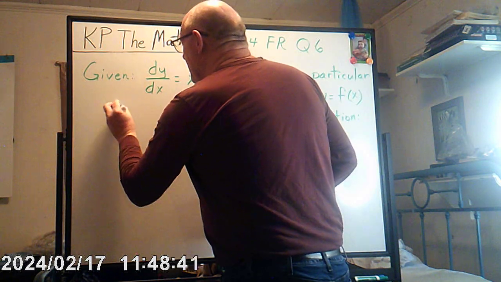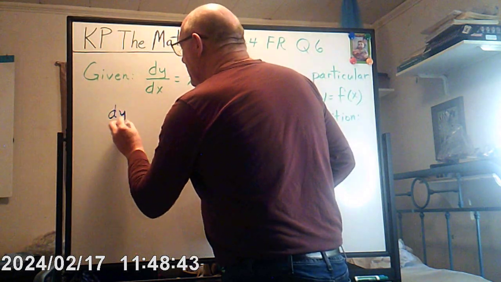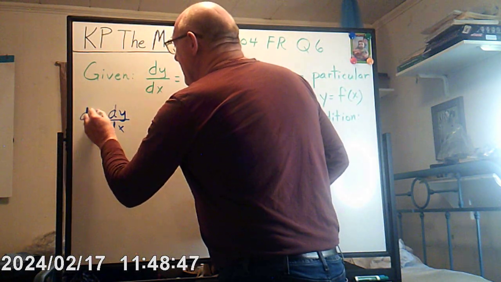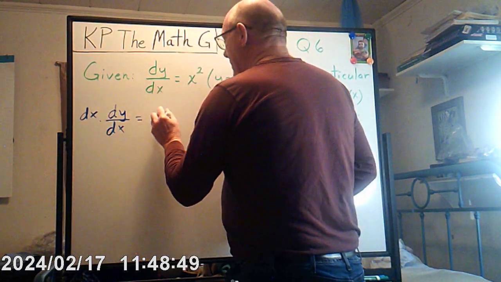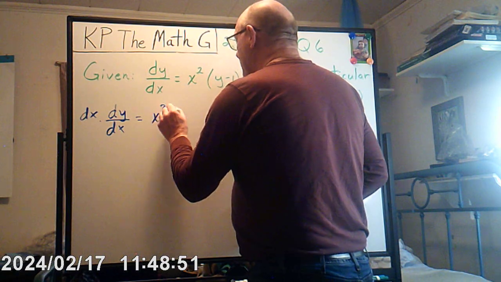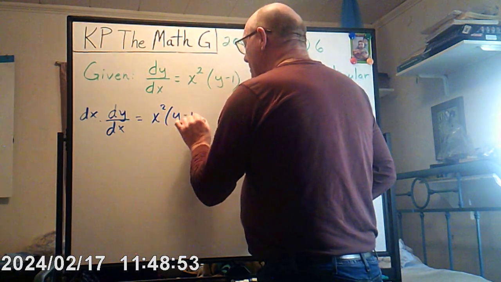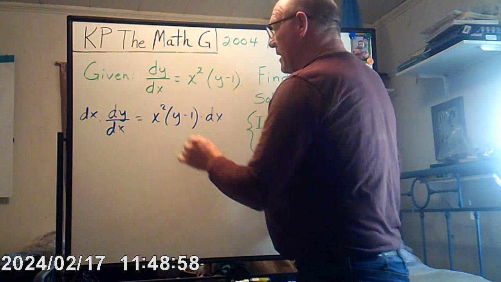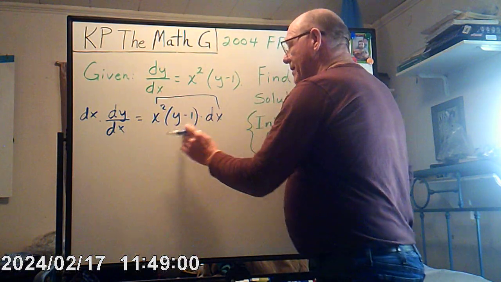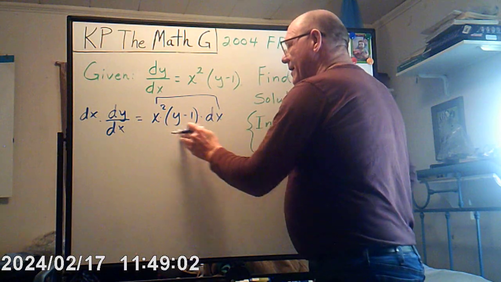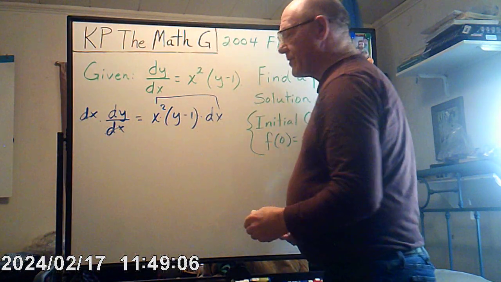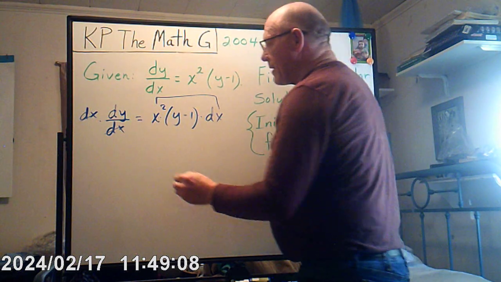So I'm going to write this dy over dx, and multiply by dx, and that's equal to x squared times y minus 1 times dx.